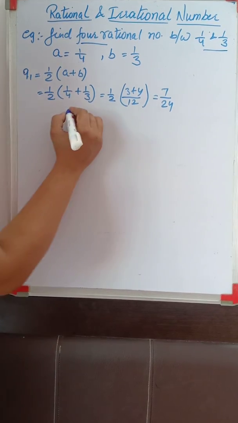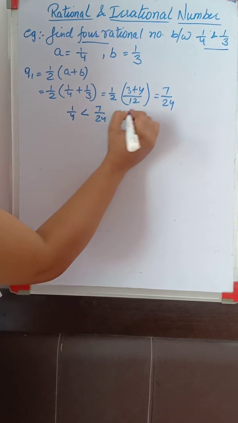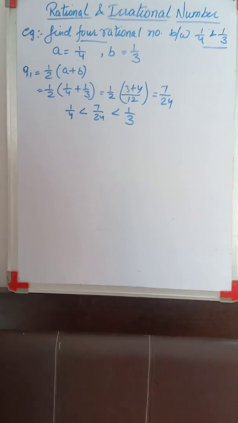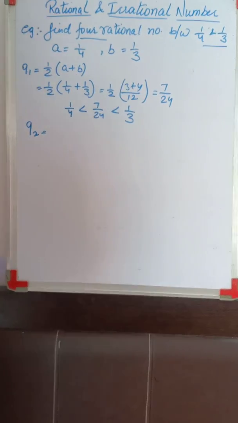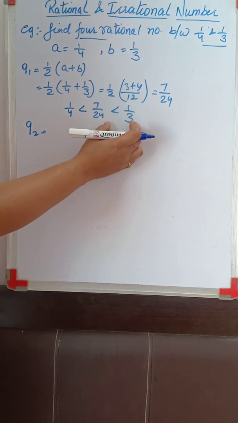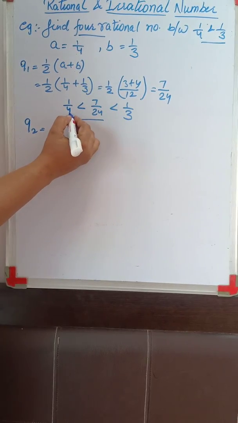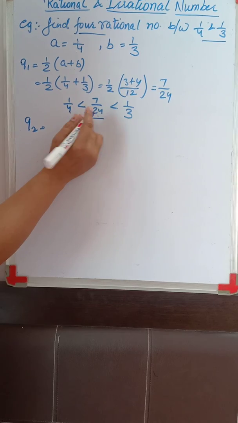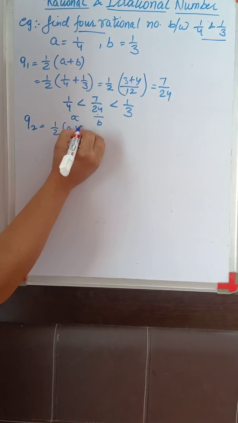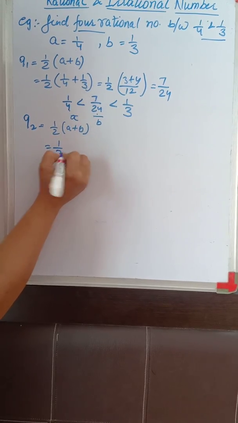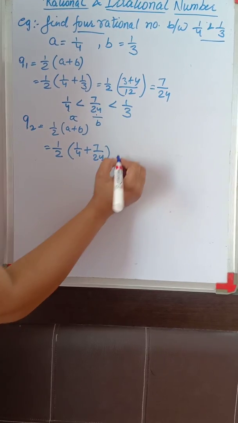So, the sequence will become 1 upon 4, 7 upon 24, right? I have calculated Q1. Now, Q2. Q2 I can calculate in between this or in between this. I am taking this one. Now, if I am taking this pair, A will be this and B will be this. Again, half of A plus B. What will it be? Half into 1 upon 4 plus 7 upon 24.